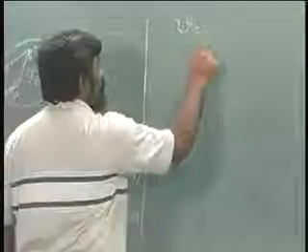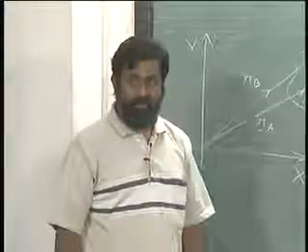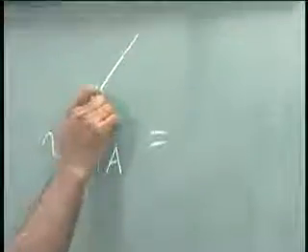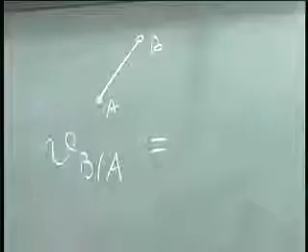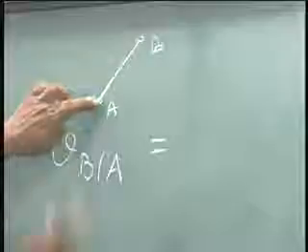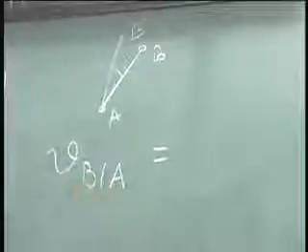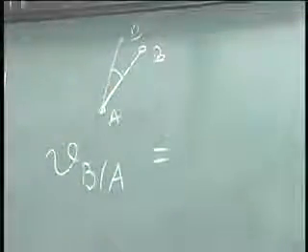Now, the question is, what is V of B with respect to A? Remember, in the earlier exercise we had A, B, pivoted about A, there was a rotation occurring, right, and we wanted to find out what would be the rate of this rotation.